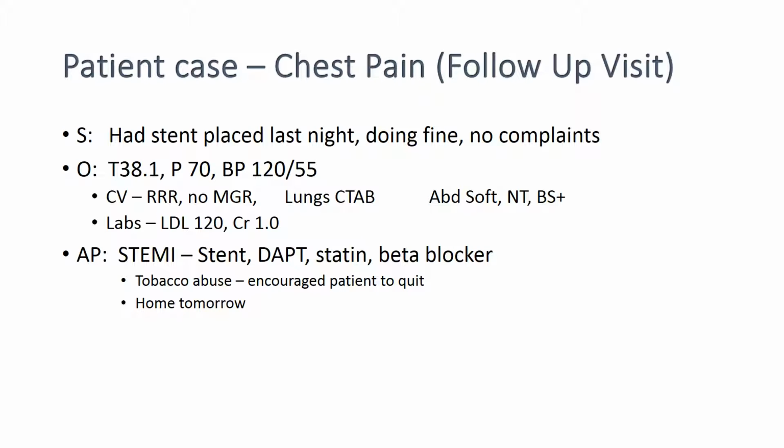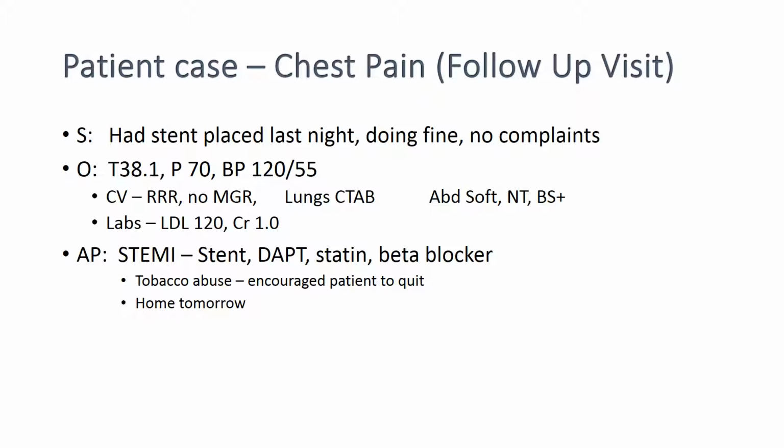This is an inpatient follow-up visit of somebody who came in with chest pain. You've probably seen notes like this. So subjective, the patient had stent placed last night, doing fine, no complaints. Objectives, you have vital signs, cardiovascular exam, lung exam, abdomen exam, and a discussion of the laboratory studies. Assessment and plan, ST elevation myocardial infarction.